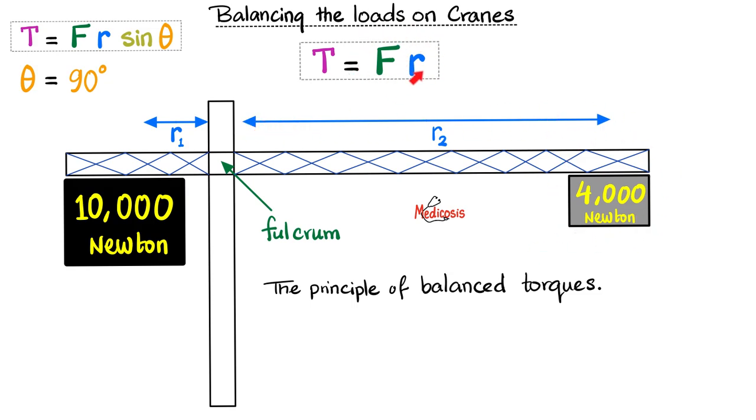Again, notice that the relation between force and the lever arm is inverse, provided the same torque. The bigger the force weight, the smaller the lever arm. Conversely, the smaller the weight, the longer the lever arm.